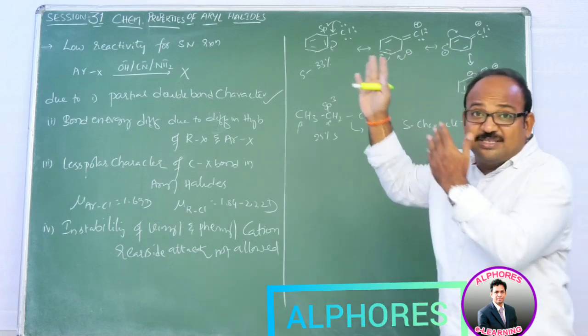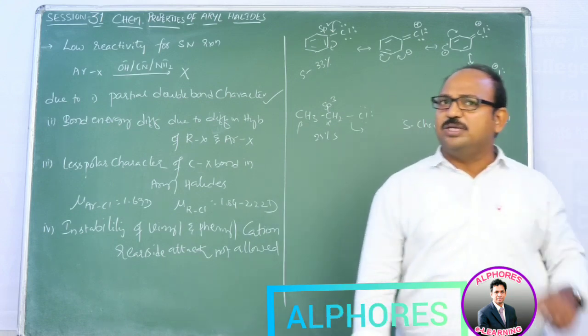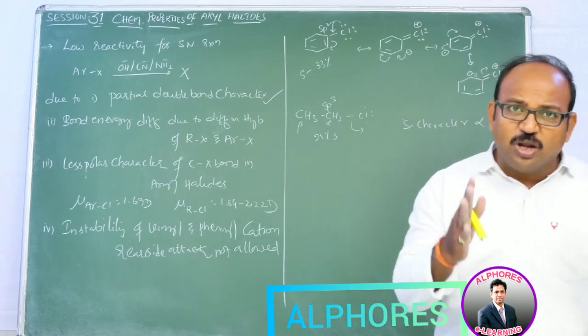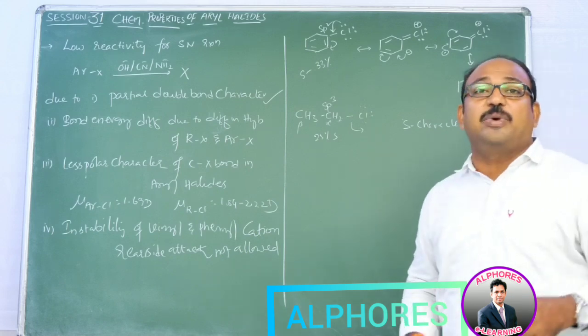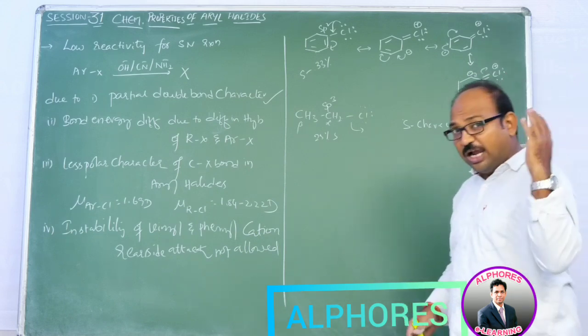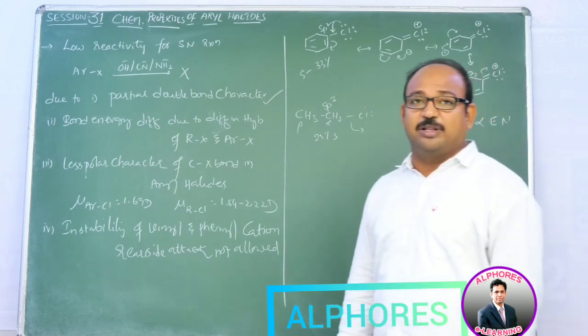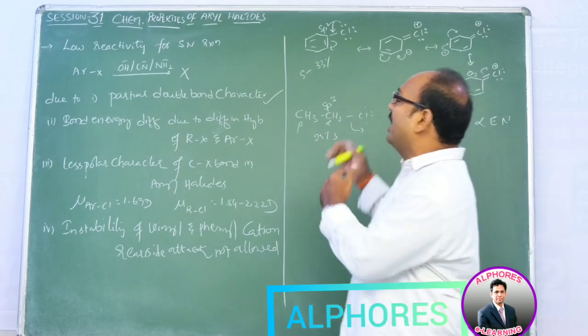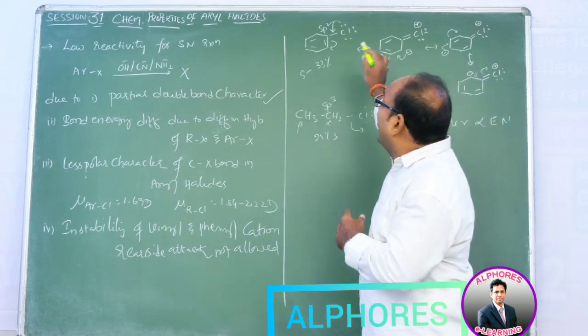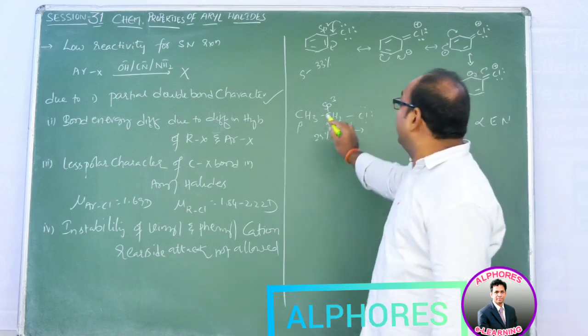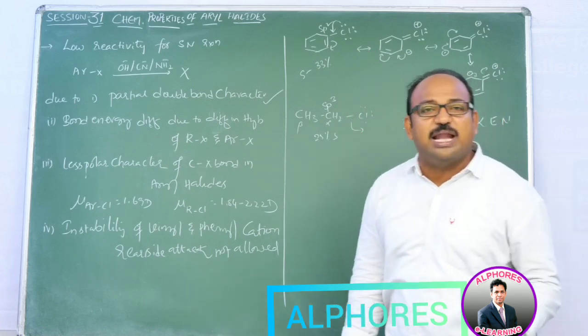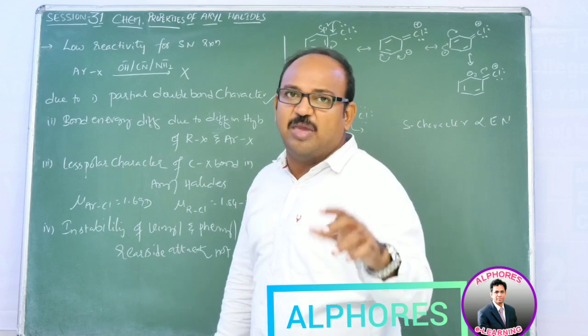So in aryl halides, the halogen atom is attached to a more electronegative, double-bonded, sp2 hybridized carbon with 33% s character. That's why, because of more electronegativity, polarity is less.